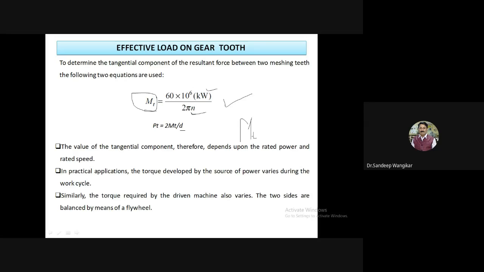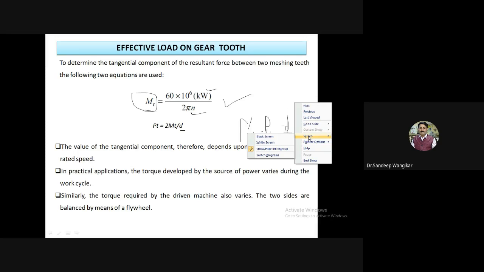We have discussed the formula M_t is equal to P_t into d by 2. Based on this, the formula is written here that P_t is equal to 2 M_t divided by d. If we are considering the pinion here, then it will be the diameter of the pinion.